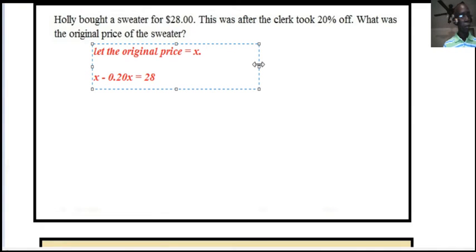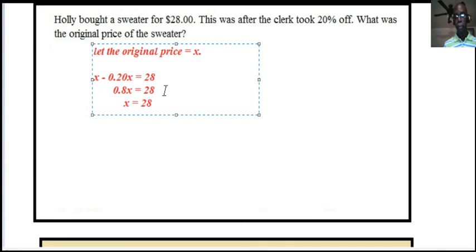X minus 0.2x equals 28. Subtracting the x terms, 0.8x equals 28. Remember, this is an equation.